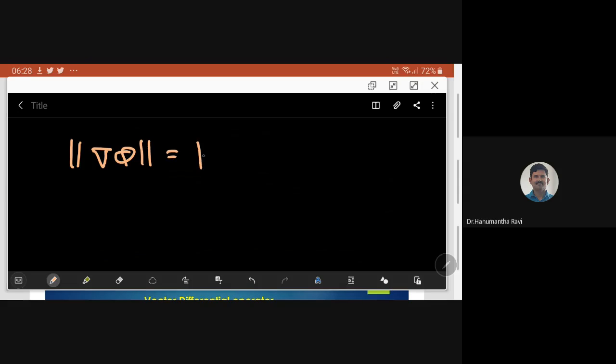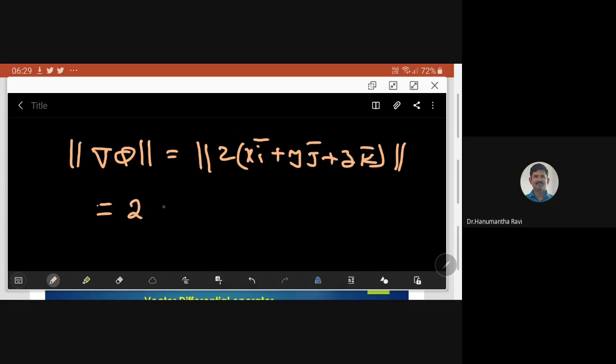Just now we have calculated it is x i bar plus y j bar plus z k bar, and you can pull out the scalar.